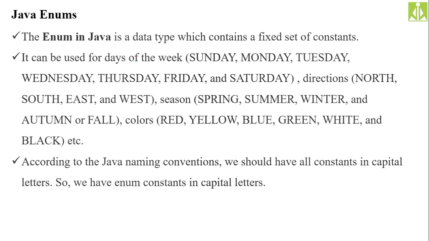Then directions, we have north, east, west, south. Then seasons, we have spring, summer, winter and fall, autumn and fall. Then colors we have. Okay, all these things, they will come in sequence. So you can create enumerations for such entities inside your application.